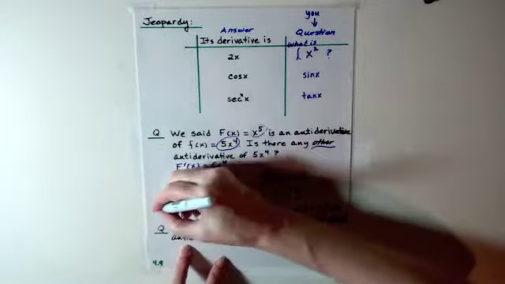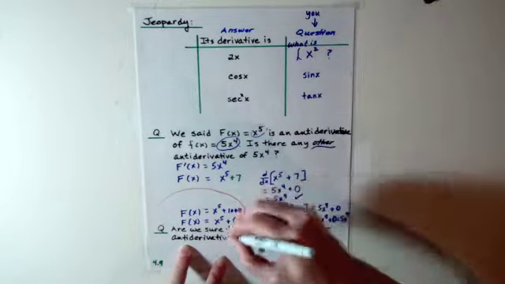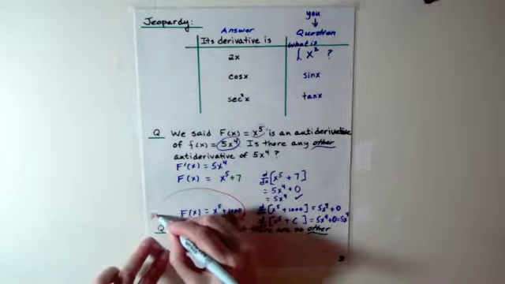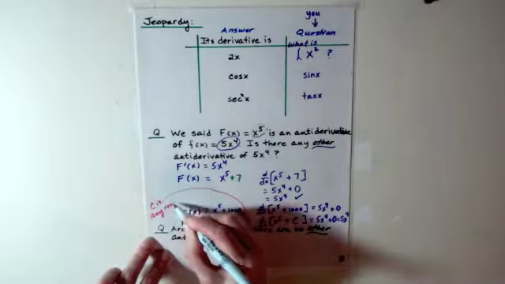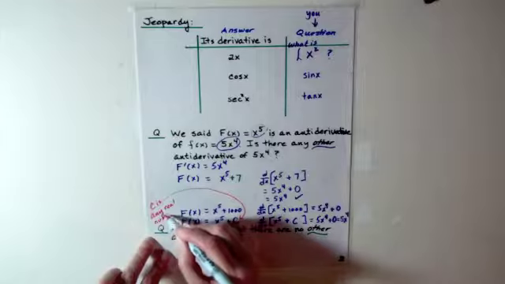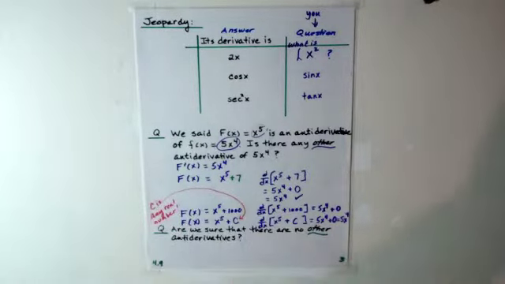So C could be any real number. I'm just going to jot down here that this C could be any real number. It could be 1,000, it could be negative 1,200, it could be any real number at all. And when I take the derivative, that constant is just going to drop out.